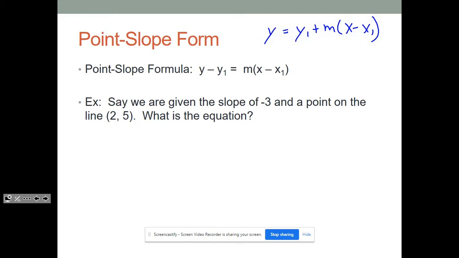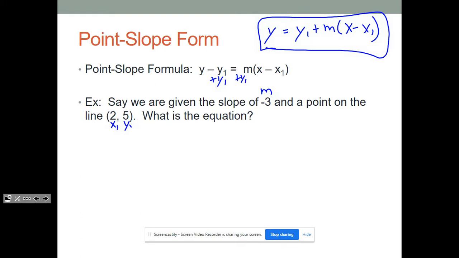Quick example: we're given a slope of -3 and a point on the line, that's my x1, y1. Just plug it in. I like this way better, so I'm going to show you this way instead of the other way. It's the same thing, just as if I added y1 over.